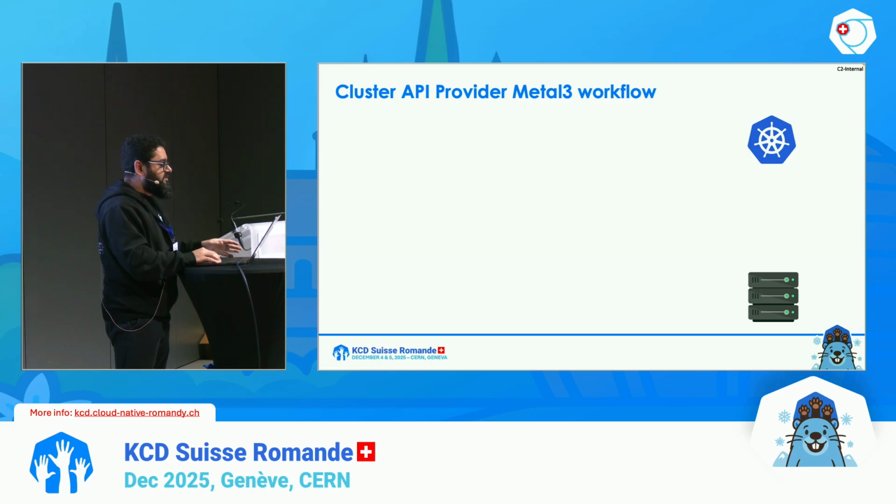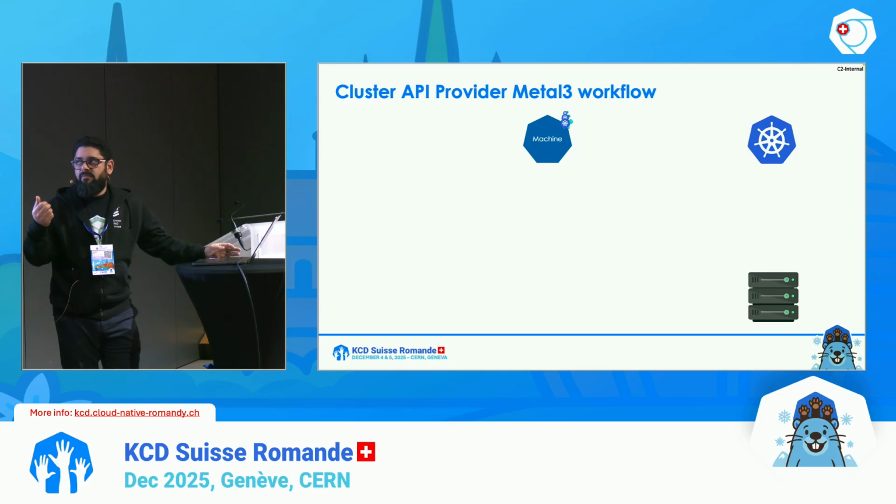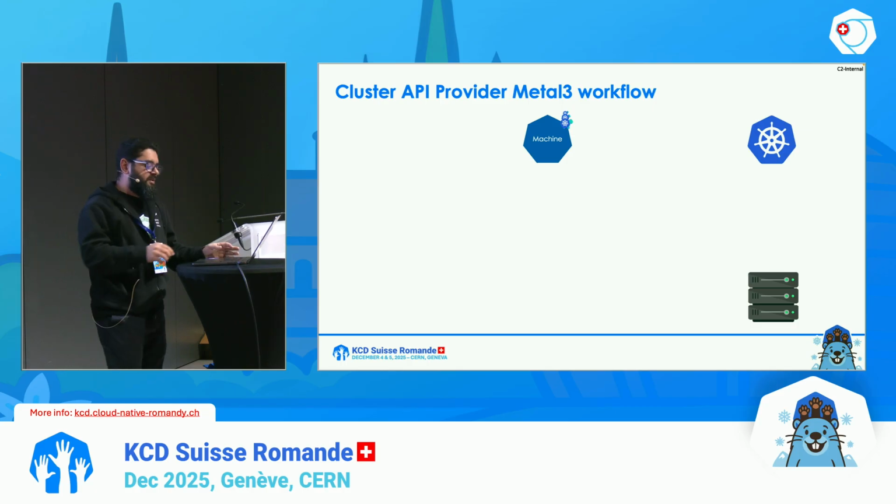And the Cluster API provider workflow, as I have mentioned: in Cluster API, a representation of a Kubernetes node is called a Machine. And in this case, for the Cluster API provider Metal3, the idea is that you want to represent a Machine and deploy a Kubernetes cluster on top of the bare metal servers.